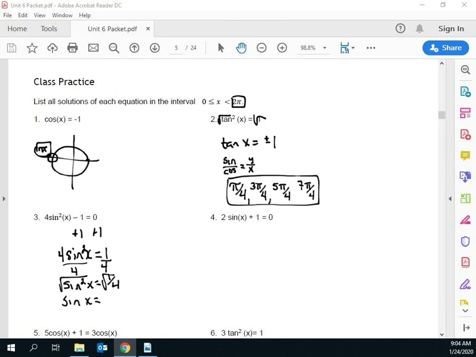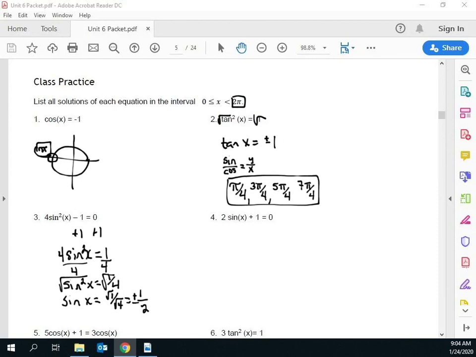Now, what I'd like for you to do, guys, is we're going to take this one step by step, okay? As you can tell, when you take the square root of a fraction, I break it up to the square root of the top over the square root of the bottom. And then from there, what's the square root of 1? 1. Square root of 4, 2, and of course it's a square root, so it's plus or minus. Again, lucky scenario here, because if it's plus or minus, how many answers are we going to have, guys?